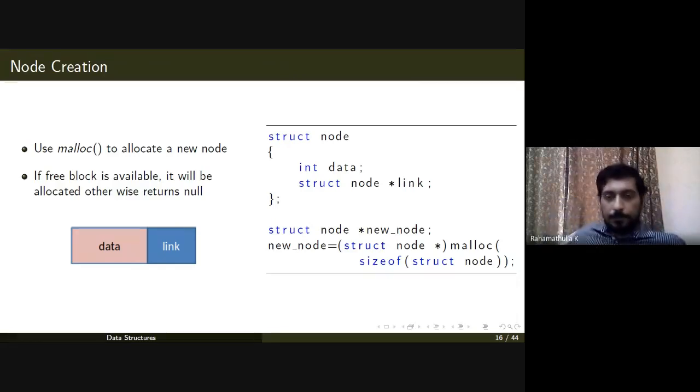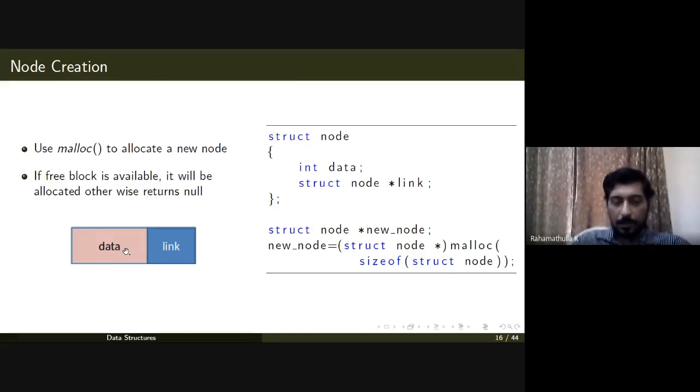So if you represent it as a picture, it will look like this. You have a structure. In that you can store an integer, which is your data, and you have another called a link, which can point to the next node, which is of type struct node star, meaning that it's a self-referential structure. It can point to a pointer of type this structure itself.